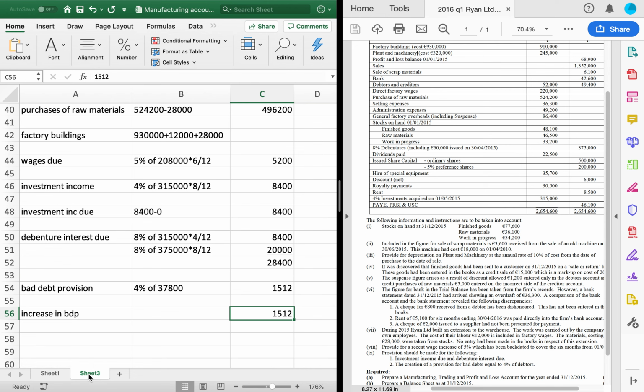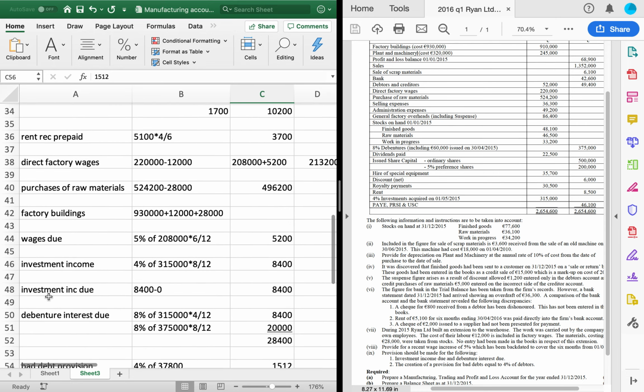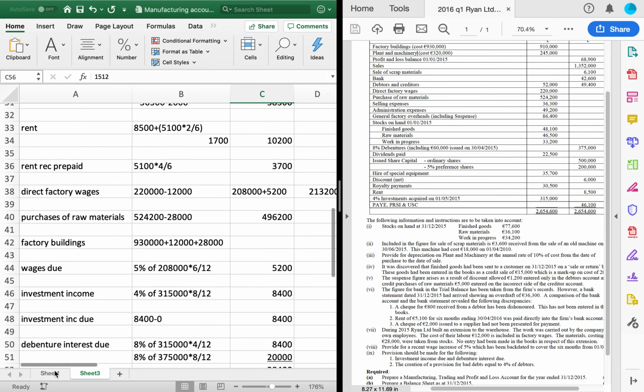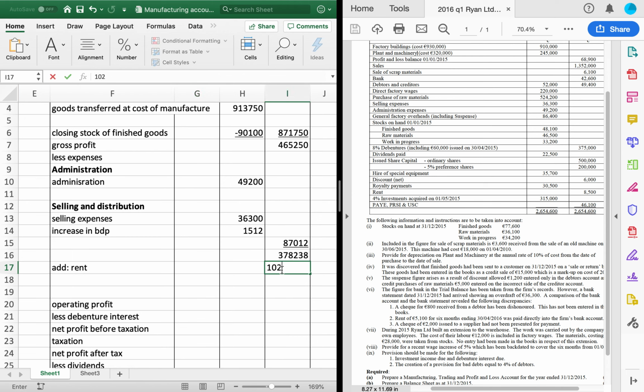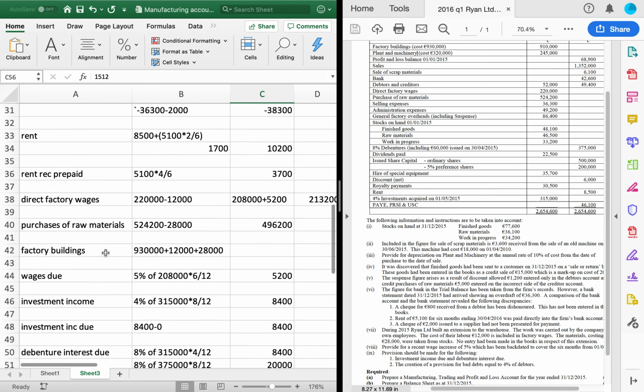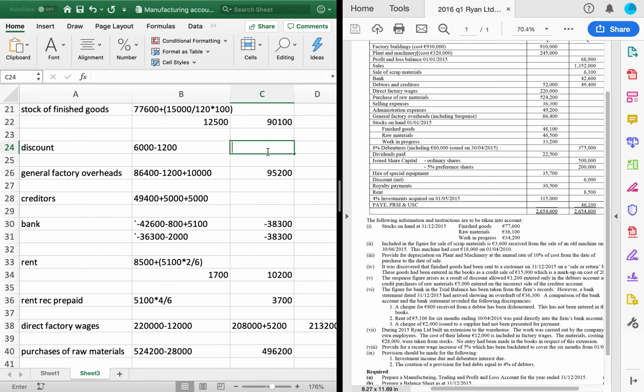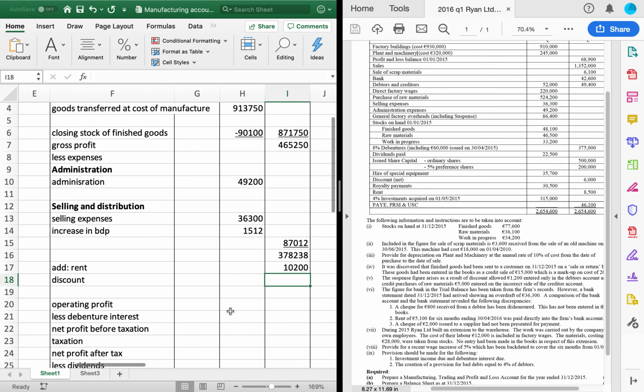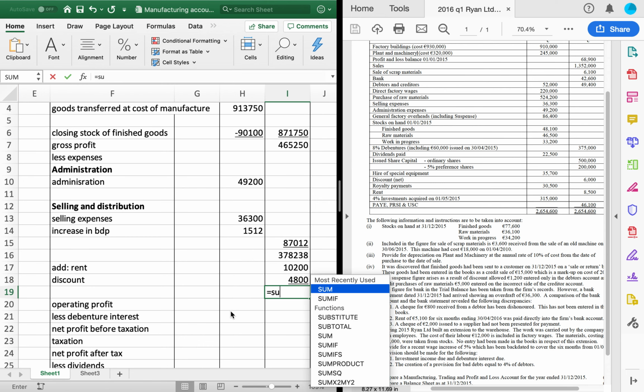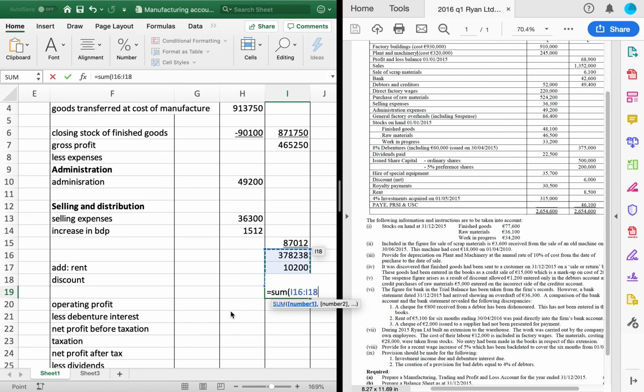So rent is 10 something, I think. Rent. Yeah, 10.2. And there was also this discount, which I know changed with the suspense working as well. It was 4.8 maybe, or 4 something. Yeah, 4.8. And they both need to get added on. That's your operating profit.